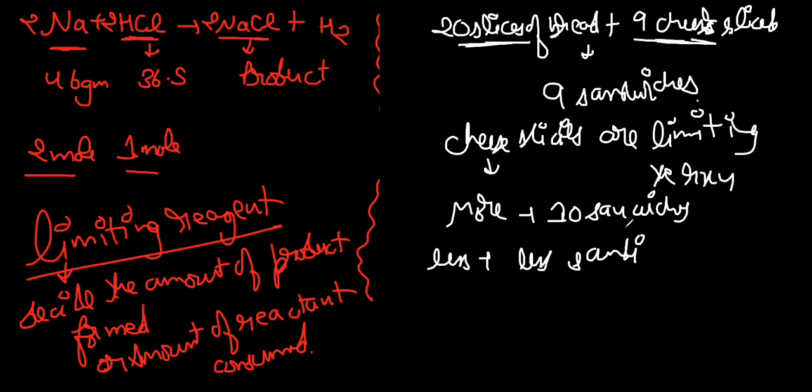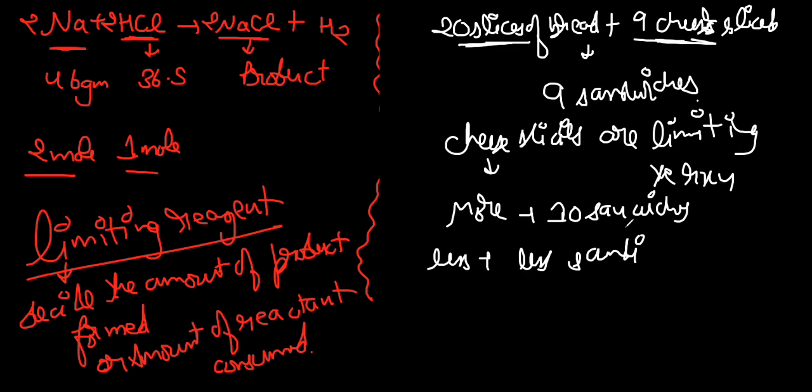In this case, cheese slice is deciding how many sandwiches can be made. If you had 10 cheese slices, you would be getting 10 sandwiches. If you have right now 9 cheese slices, you're getting 9 sandwiches. So cheese slice is deciding how much product is formed.